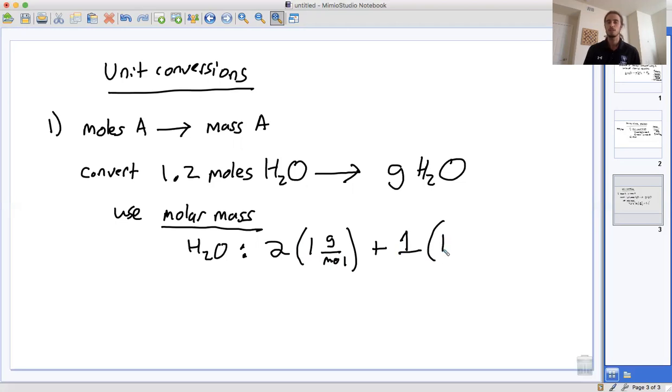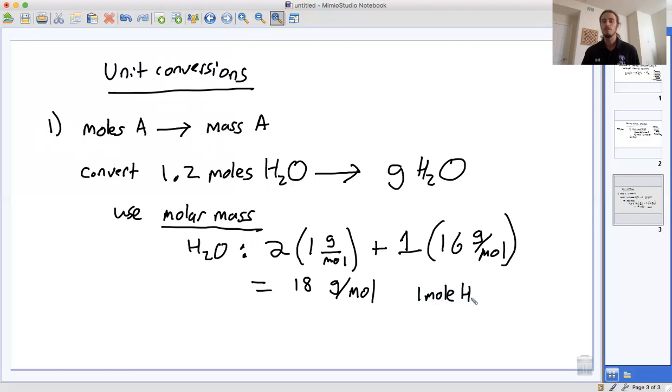You look up oxygen, that's 16 grams per mole. So the molar mass of water is 18 grams per mole. Now, how do you use this information? This means that 1 mole of water has a mass of 18 grams.